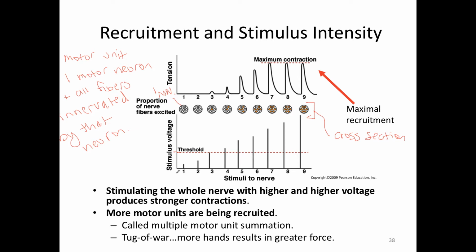So note, you can change the voltage to a neuron a little bit, so this is not zero and neither is this, but you get zero tension generated because your stimulus magnitude has not reached threshold. So we call these subthreshold stimuli.